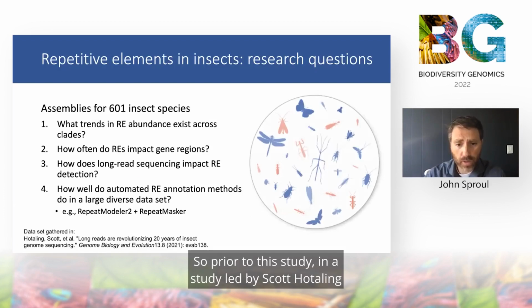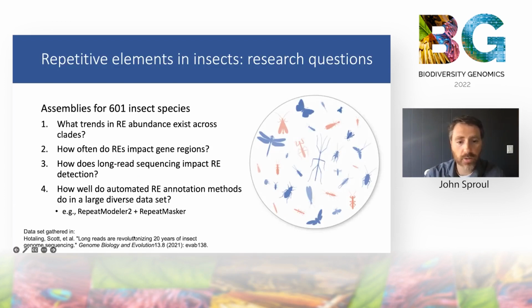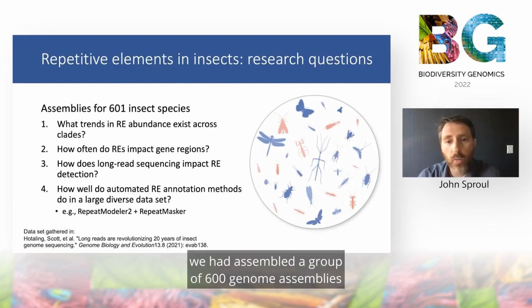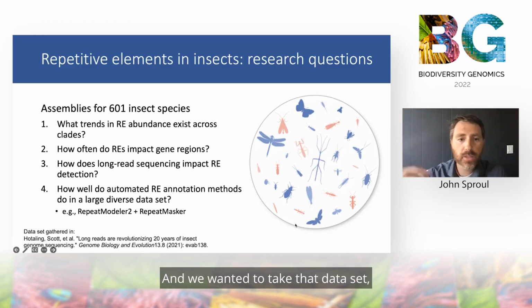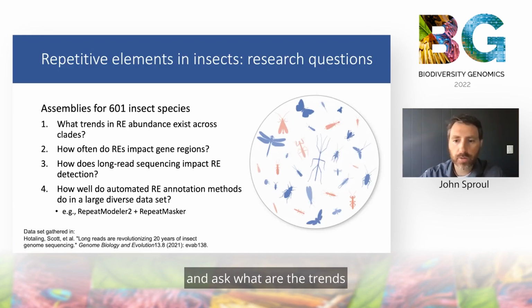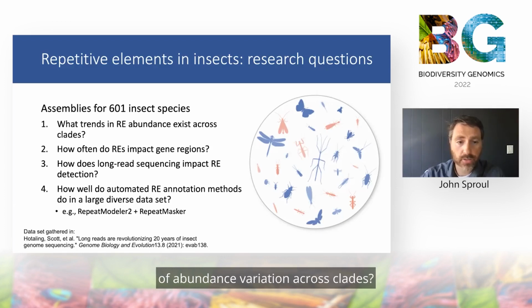So prior to this study, in a study led by Scott Hotaling that came out last year, we had assembled a group of 600 genome assemblies of 600 insect species. And we wanted to take that data set, dive into repetitive elements, and ask, what are the trends of abundance variation across clades?